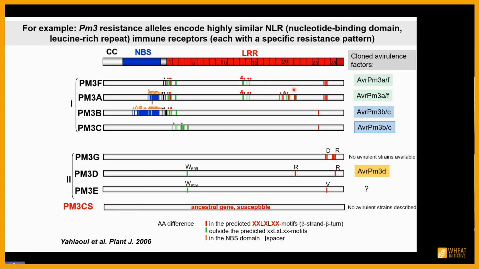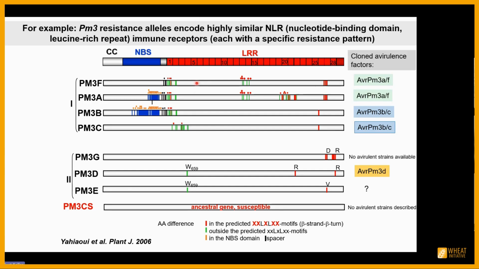Now, specifically in our work, we have been working a lot on one specific powdery mildew resistance gene. This is PM3. PM3 exists in more than 15 functional alleles, and we have mostly focused on these alleles which are shown here. What you see here is the overall coiled-coil NBS-LRR domain structure, and the colored bars are amino acid polymorphisms between the different NLR immune receptors encoded by the different alleles.